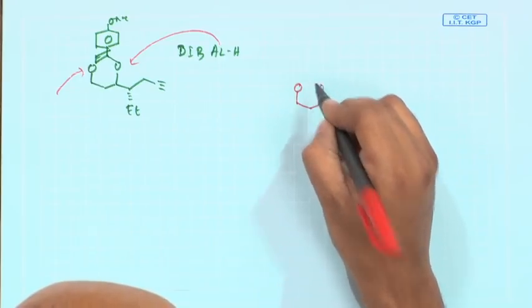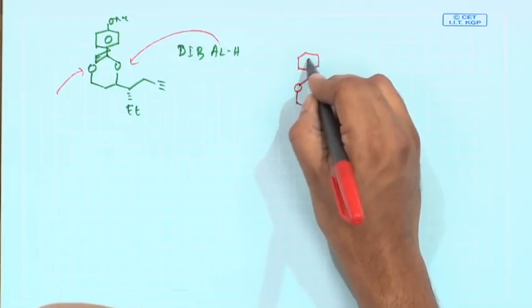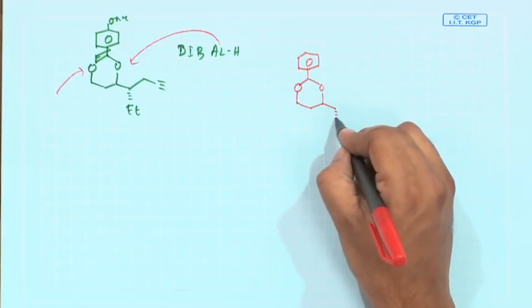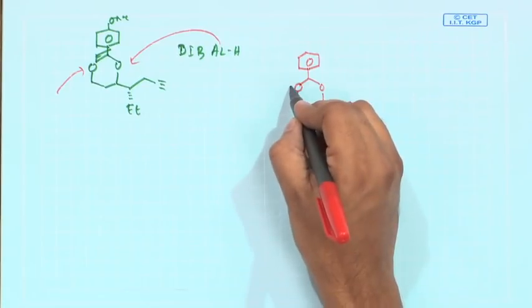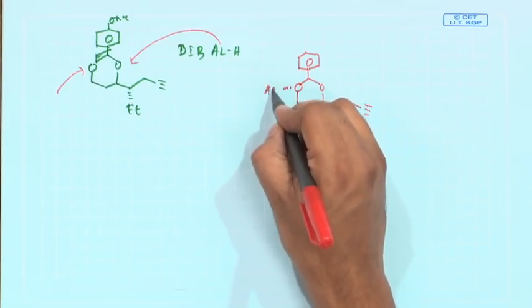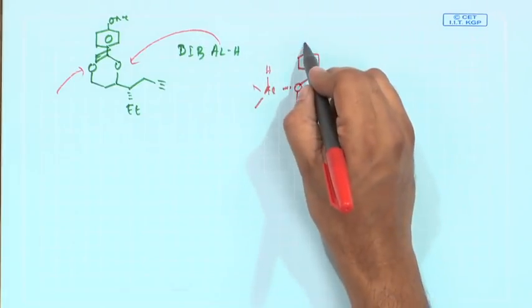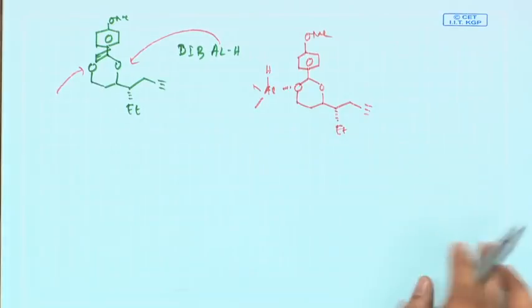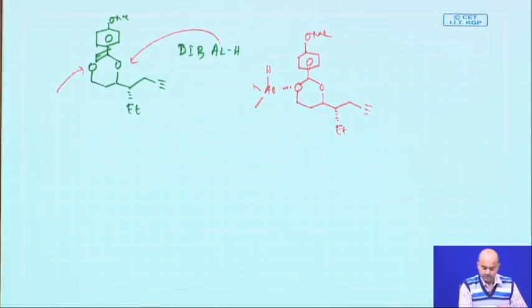Your initial coordination will take part in this site. Aluminum, your hydride is here and your isobutyl group is there. Now, this side coordination, I said, is sterically much more favorable.